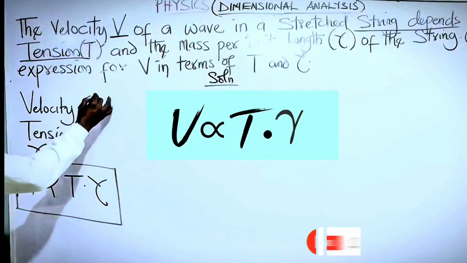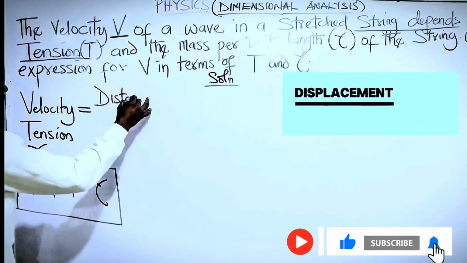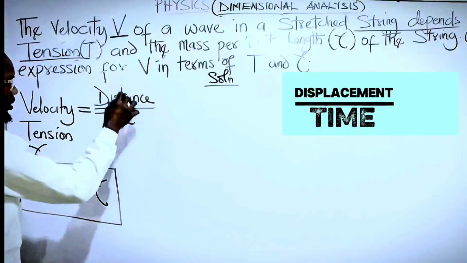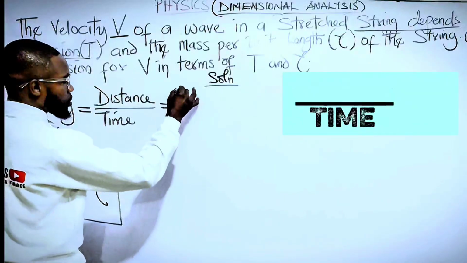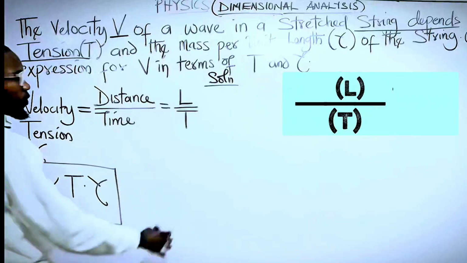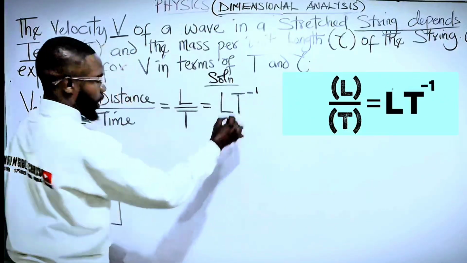For velocity, which is what? You know that velocity is distance over time. I've said that a number of times. So distance, which is the length, gives us L over T, right? And if we push it further, we have LT raised to the power of -1.